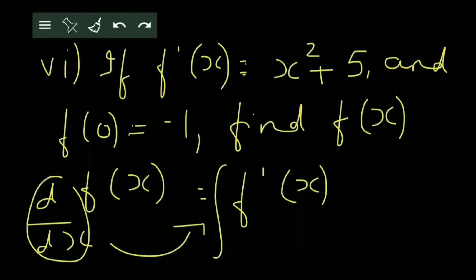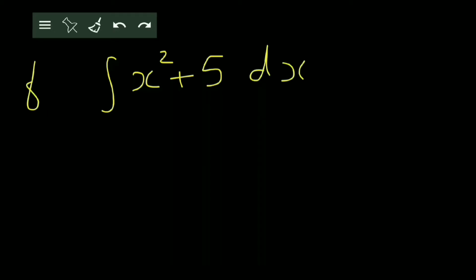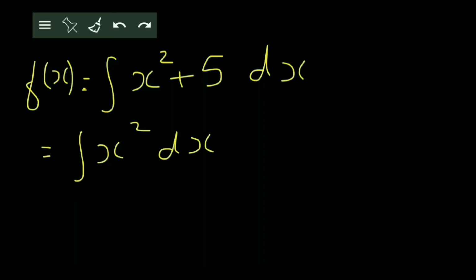So let us do that now. Thus the integral of x square plus 5 dx gives us fx. So over here, when we integrate, of course, we separate the terms as usual. Okay, so this becomes this way.